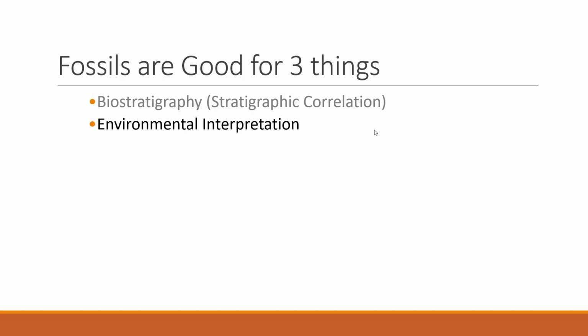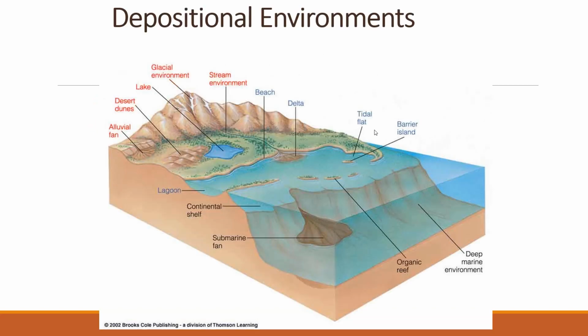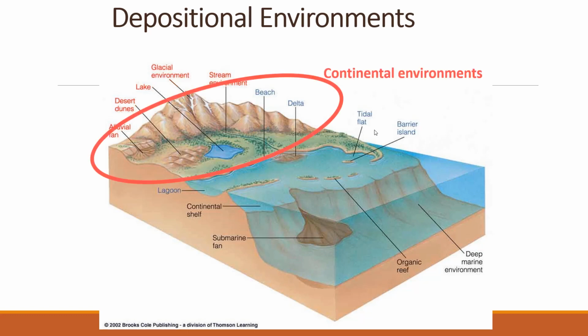Fossils are also good for environmental interpretation. The fossil is going to tell us what the environment was at the time of deposition. Do we see a continental fossil? If we see fossils that are land-based organisms, that tells us that at the time those fossils were being deposited, it was a continental environment.